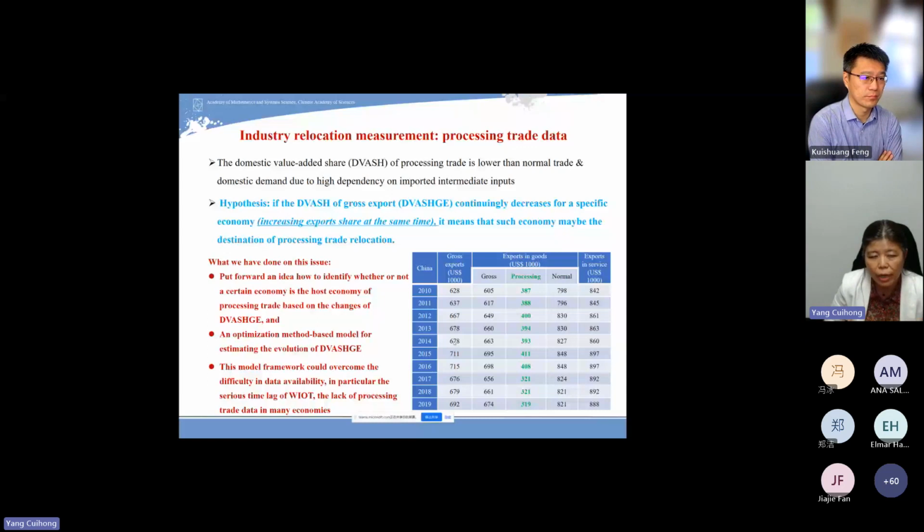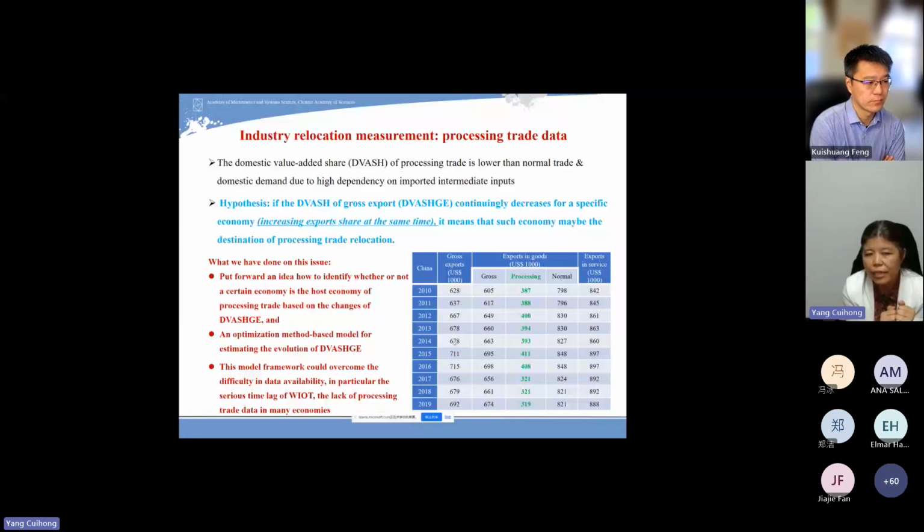In this case, we have a hypothesis: if the domestic value-added share of the gross exports continually decreases for a specific economy, but on the other hand its exports increase at the same time, that is two points. One point is that the domestic value-added share of gross exports continually decreases.